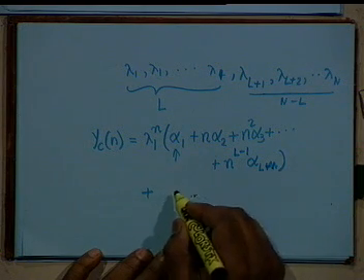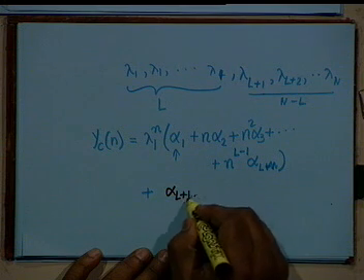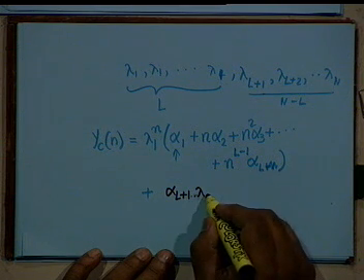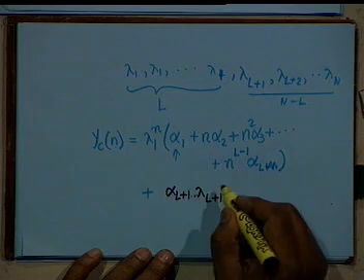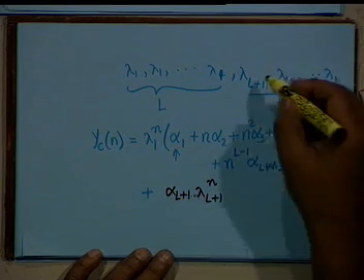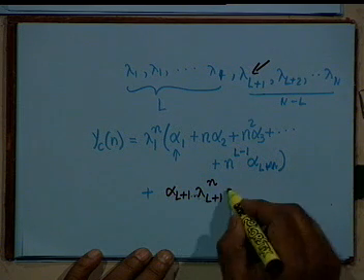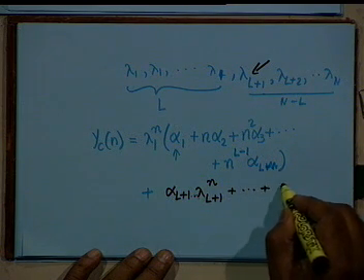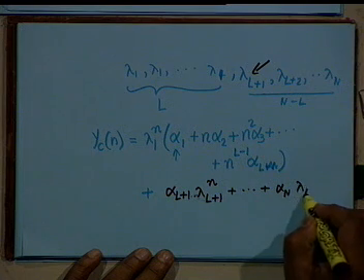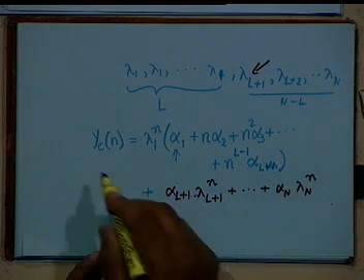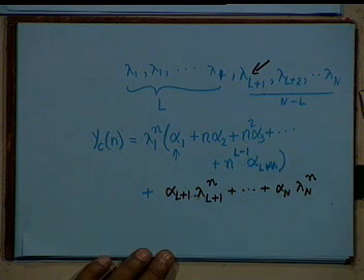Plus, then what? Alpha L plus 1, lambda L plus 1 to the power n corresponding to this term, plus etc. plus alpha capital N lambda capital N to the power n. This will be the form of the solution.